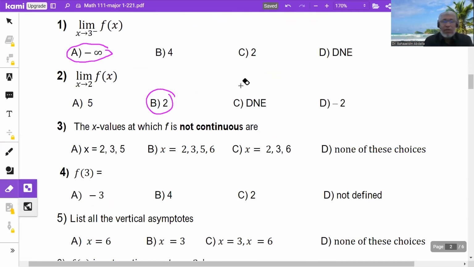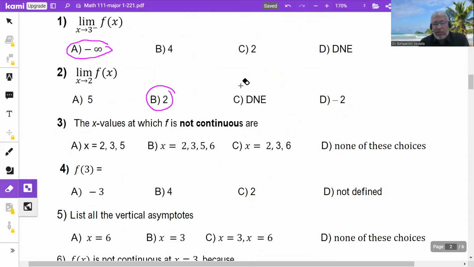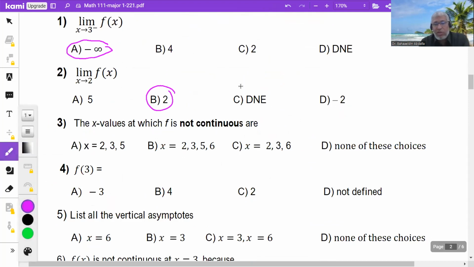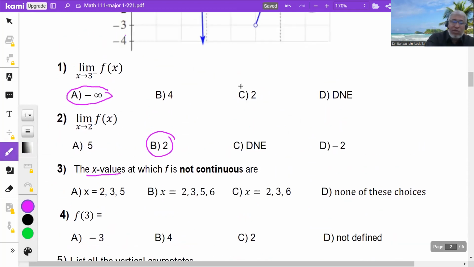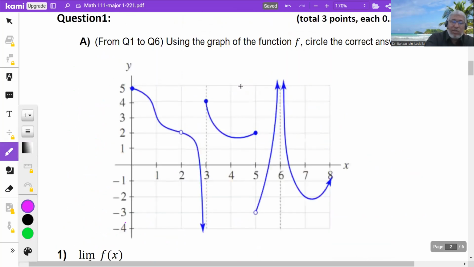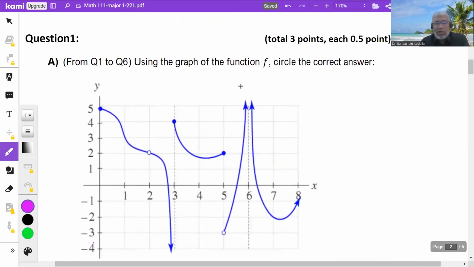All right. The x values at which f is not continuous. So we need the x values at which the function is not continuous. Well, the function is not continuous when there is a discontinuity in the graph. Also, when the limit of f of x as x approaches a equals f of a, then the function is continuous at a.